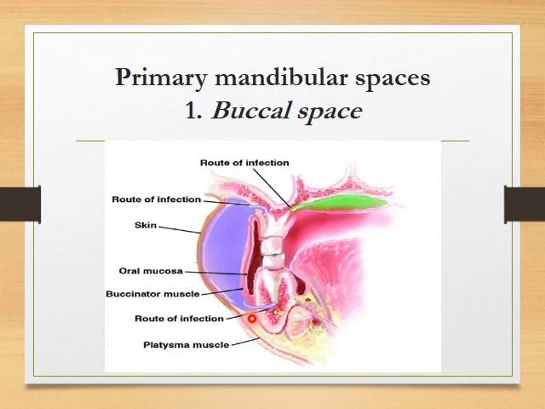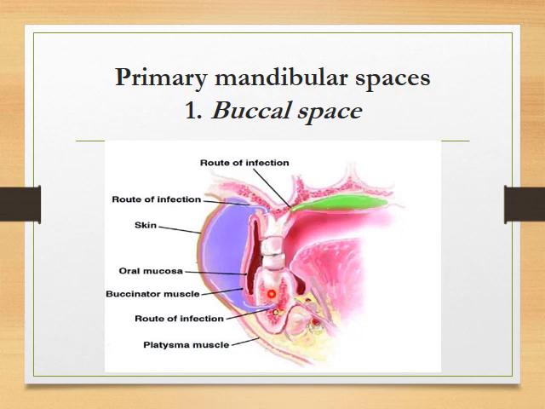The etiology, which is the difference between the infection of the buccal space in mandibular and maxillary spaces, is from mandibular teeth. As I said, when a patient presents to our clinic with a buccal space infection, the intraoral examination concentrates on locating the causative tooth. It is either a maxillary tooth or a mandibular tooth.